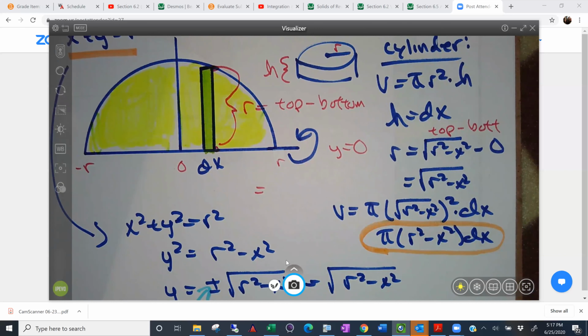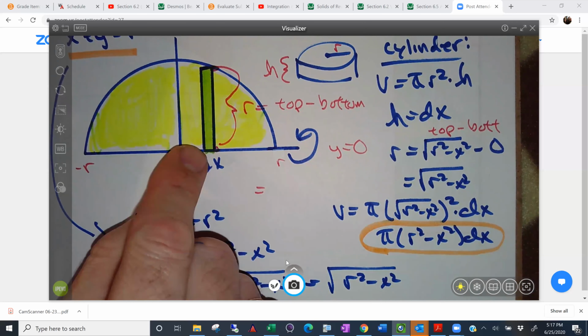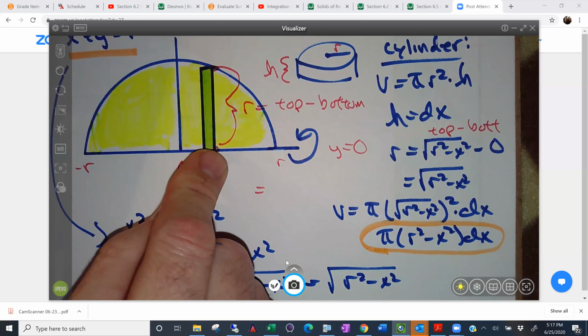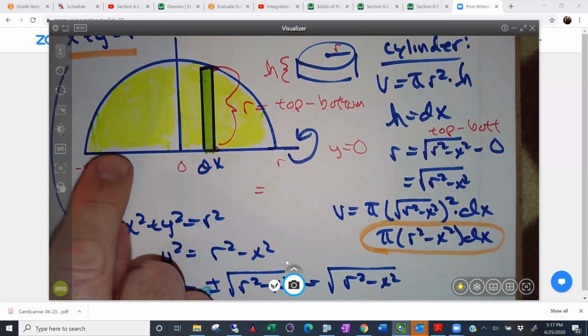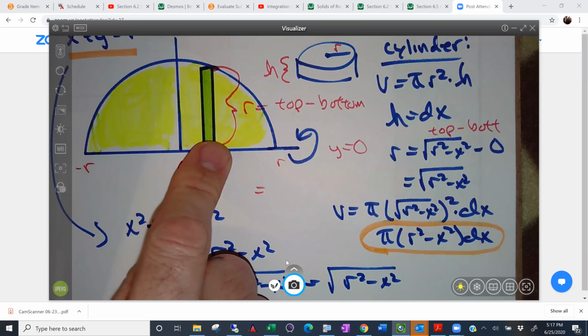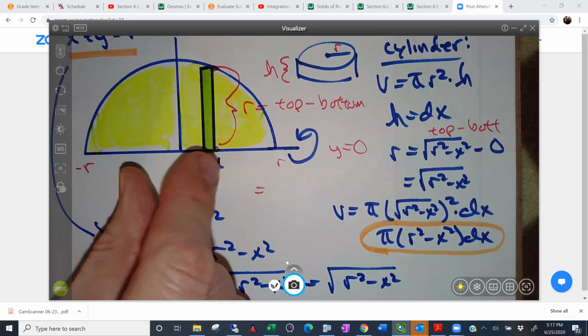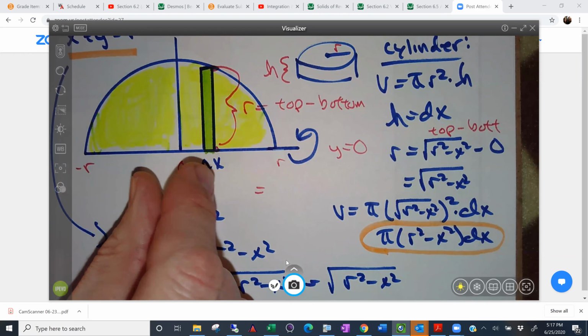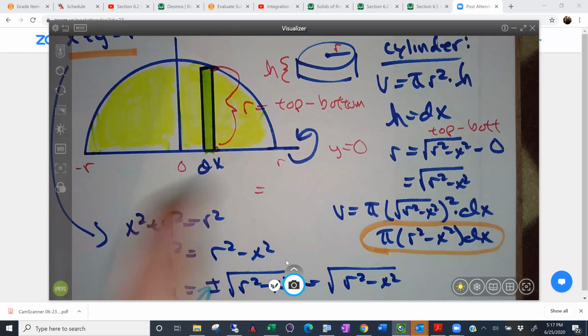And that's typically what we do when we don't have formulas for these kinds of volumes. We find the volume of something we do know, and then we approximate the volume of something we don't know by adding up all kinds of these disks, but then letting their diameter or their height shrink, taking the limit.